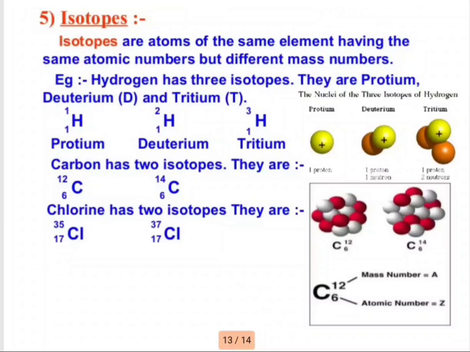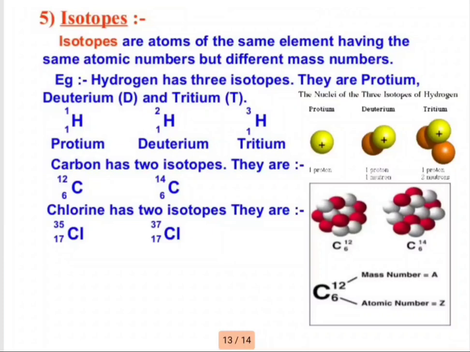Here all are the same element, same atomic number but different mass number because of their neutrons. Protium has 0 neutrons and 1 proton. Deuterium has 1 neutron and 1 proton. Tritium has 2 neutrons and 1 proton.